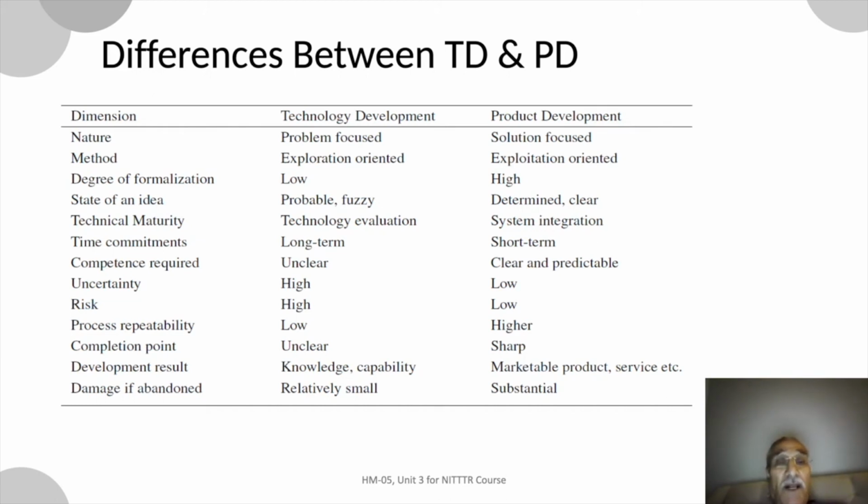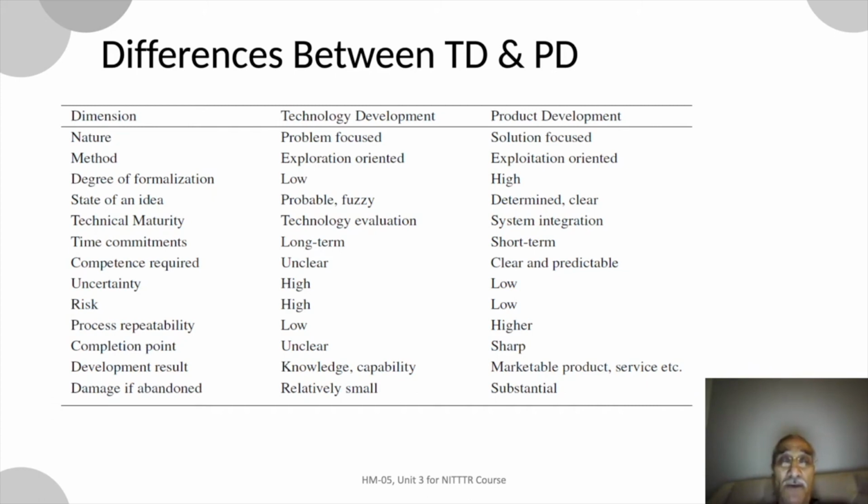The degree of formalization is low in technology development because when we talk in terms of formal things, we are not sure whether the technology development will be successful, whether the idea will be converted into proper technology, and if it is, how much overhead it will have, what kind of experience it will generate, and what kind of expertise it would need.